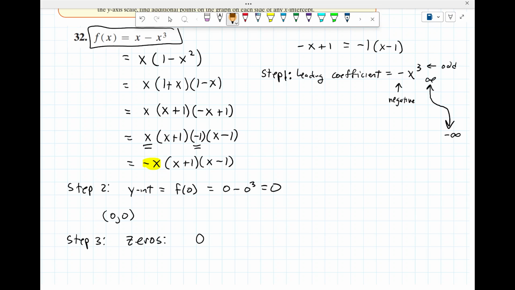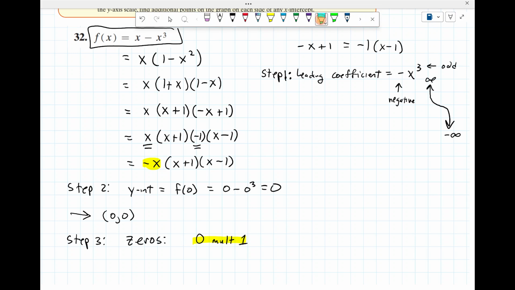There's no exponent, so the multiplicity is 1. And that we basically already found in step 2 if you think about it. We already found that our graph intercepts the y-intercept at 0, 0. That means it intercepts the x-intercept at 0, 0 as well.